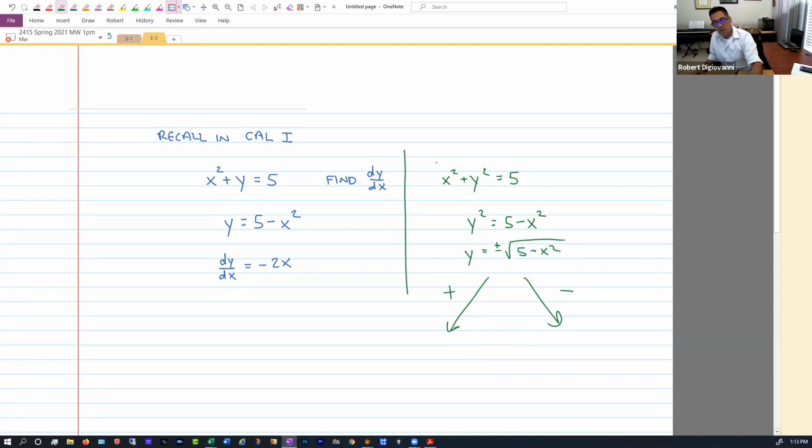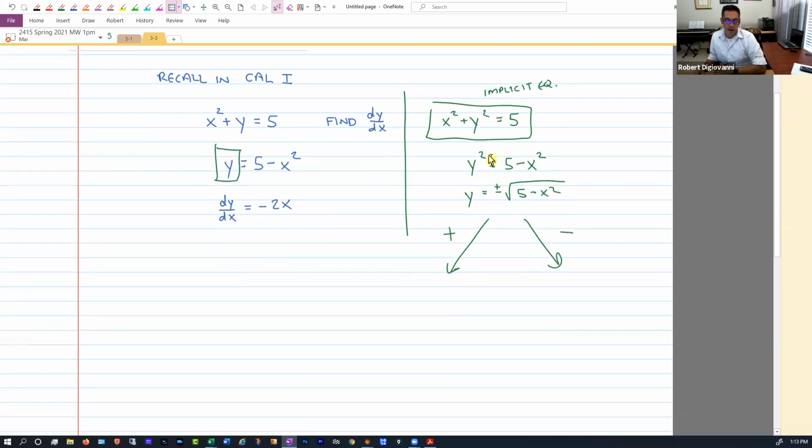So in Cal 1, we called this an implicit equation, and the other one an explicit equation, because you can actually solve for y and not have two different cases. In Cal 1, we were taught how to differentiate an implicit equation when it's not easy to get y by itself, or sometimes even impossible.